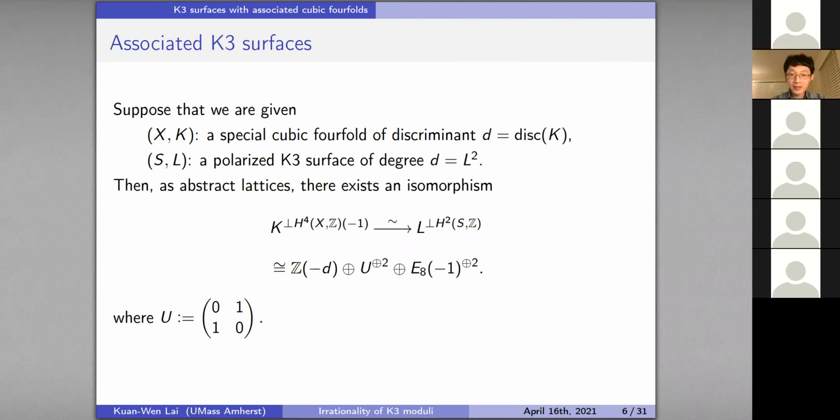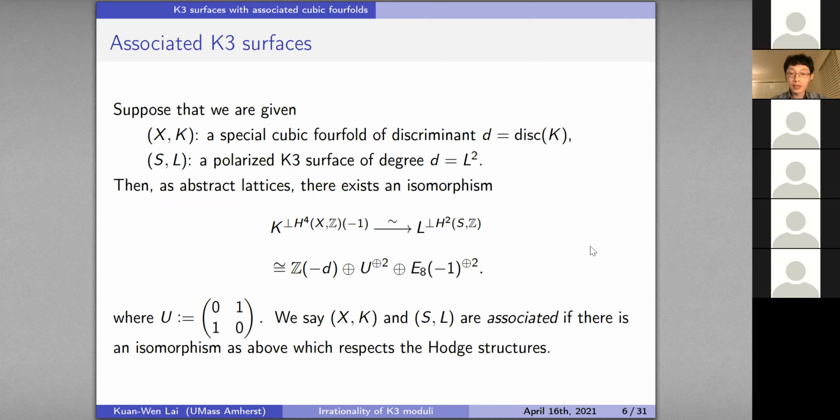We say the labeled special cubic fourfold and the polarized K3 surface are associated if there's an isomorphism like this which also preserves the Hodge structures. These 2 lattices carry their own Hodge structures, and we say they're associated if there's such an isometry preserving the Hodge structure.